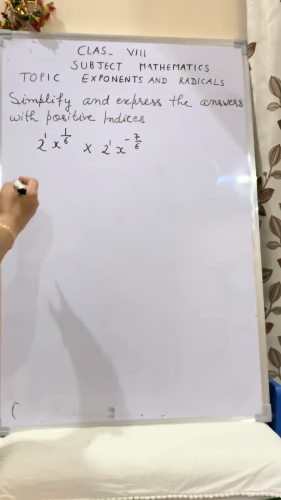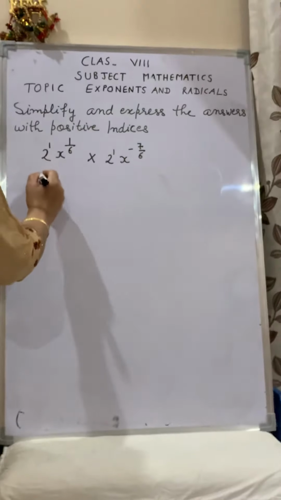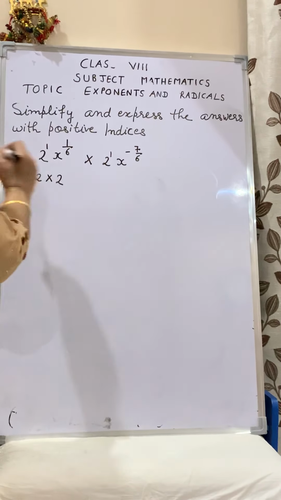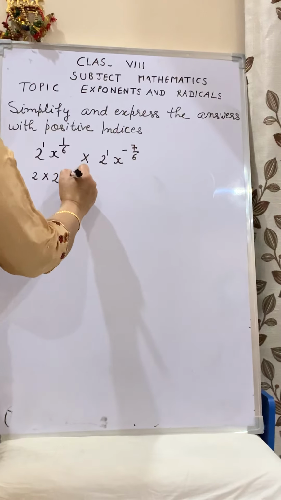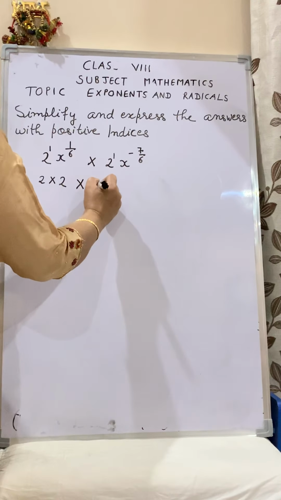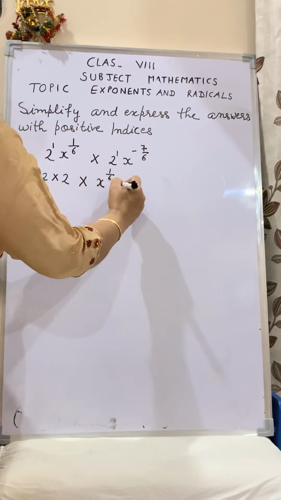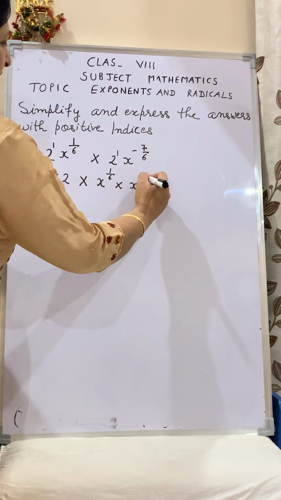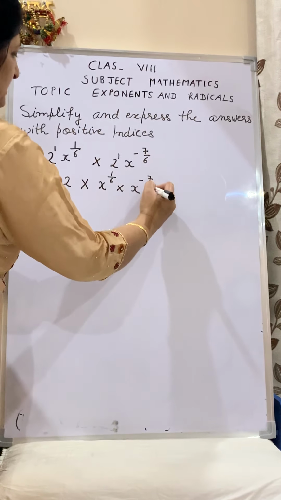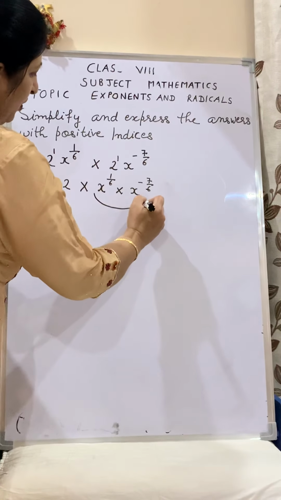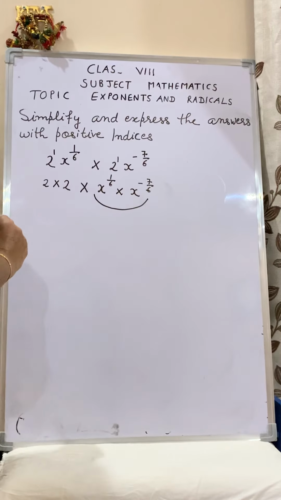So we will write 2 multiplied by 2. It is the numerical coefficient, and it is the variable x to the power 1/6 multiplied by x raised to power -7/6.